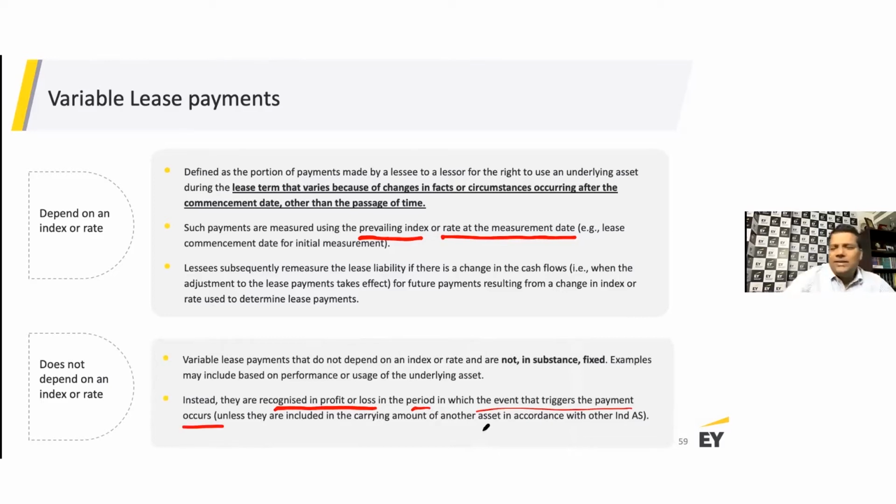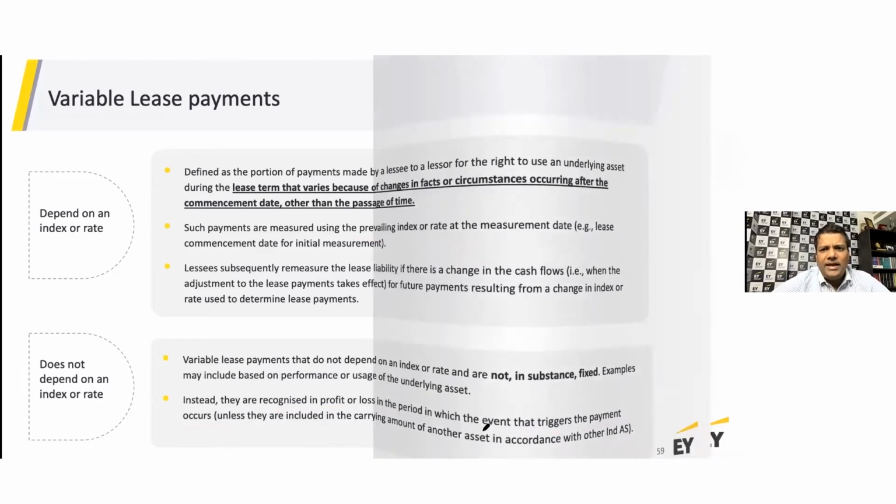So you don't capitalize them, you don't record them as a liability, and you don't record them as a right-of-use asset or an obligation to pay. You keep paying as you keep incurring. As these liabilities get determined, you pay them and move on and charge them to the P&L. They are like any other operating expense you incur in relation to that arrangement.